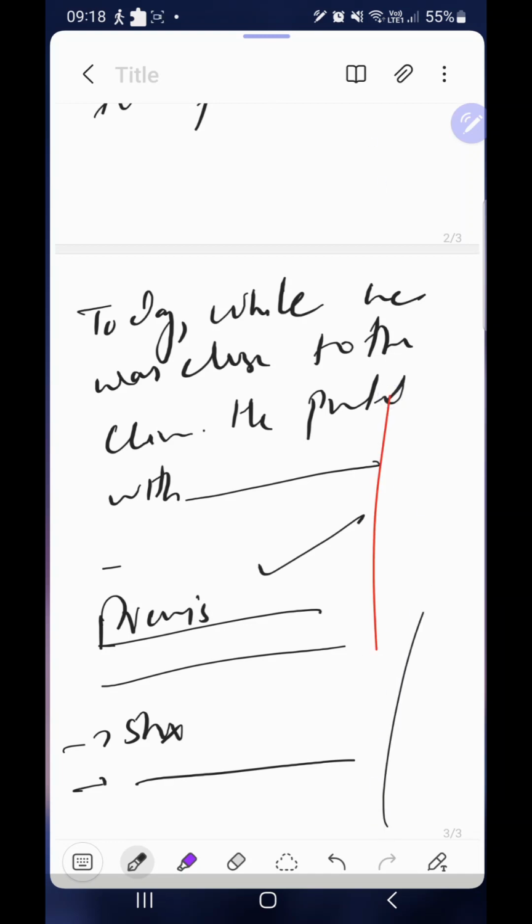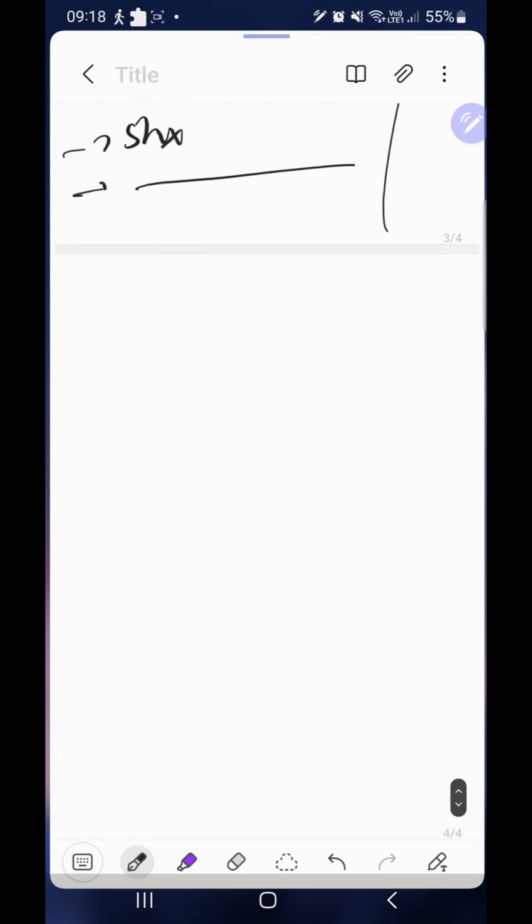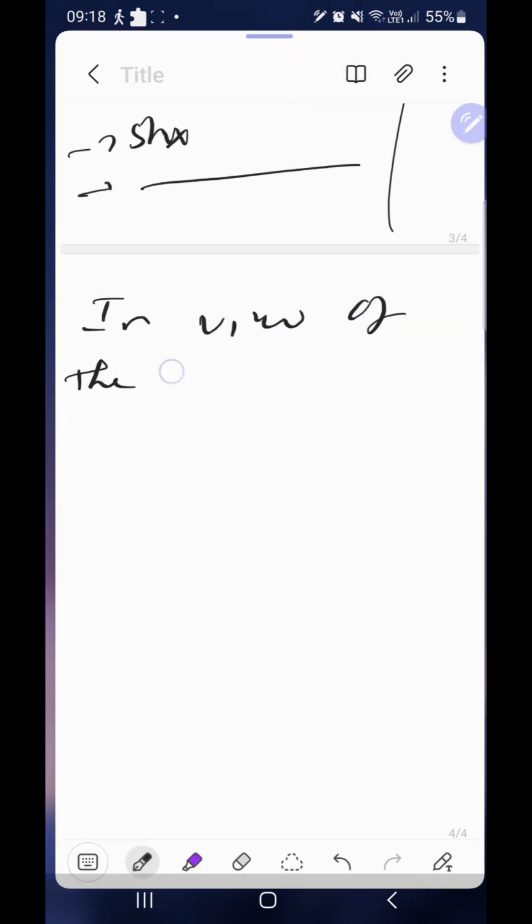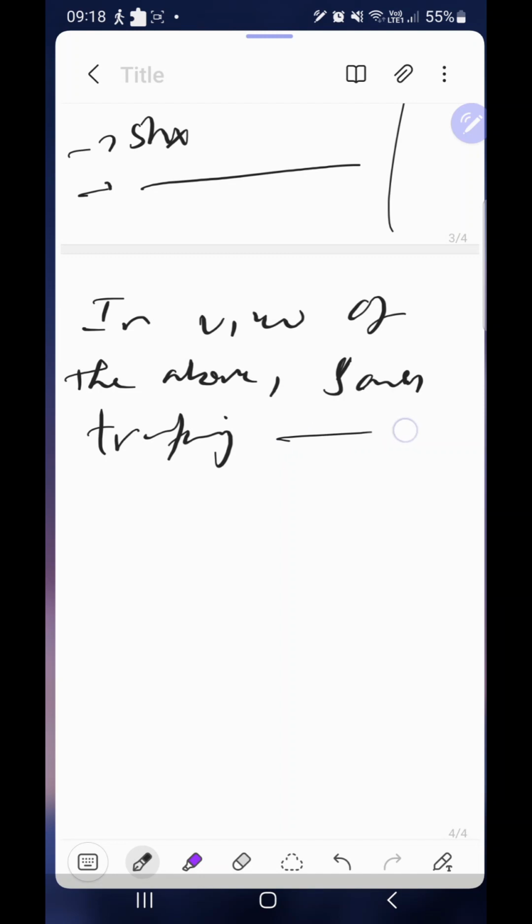At the end, we can write down the conclusion. In view of the above, I am transferring this patient by ambulance, and during transfer he has been given this thing.